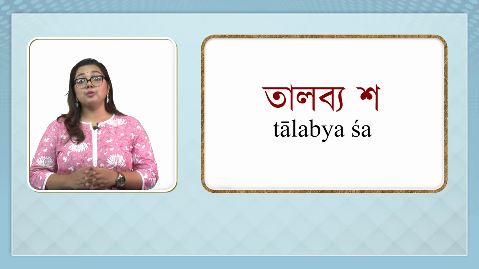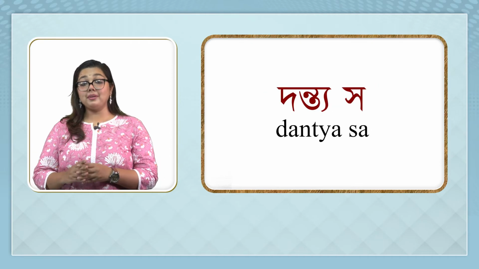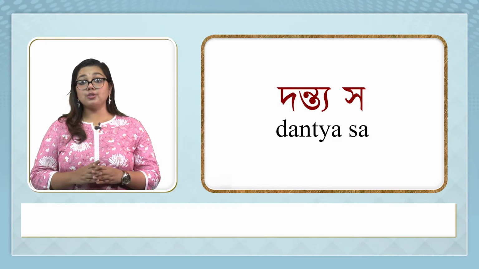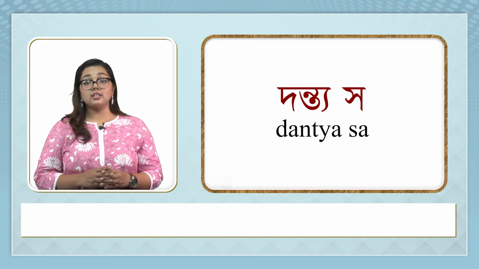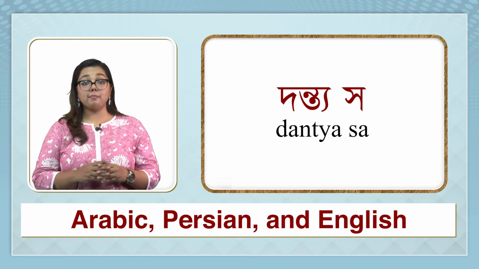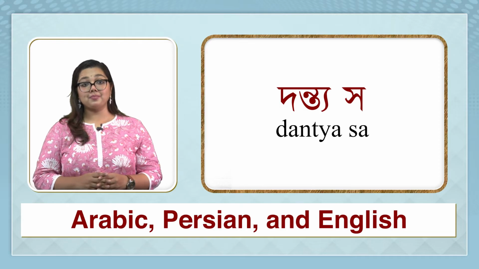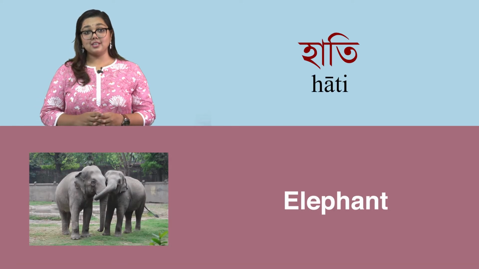Additionally, Talobbo Sha and Donto Sha make the sound Sa before other consonants. Donto Sha also represents the sound Sa in loanwords, especially from Arabic, Persian and English. There is another consonant, which is Ha, in Hati, which means elephant.